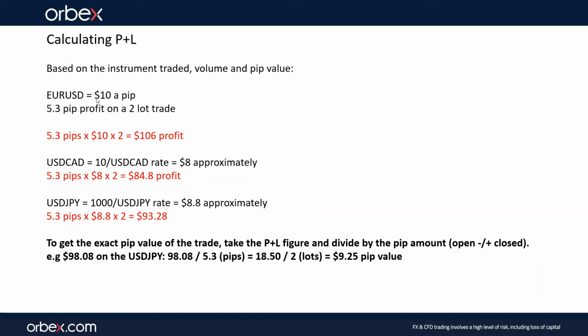For example, I'm possibly going to make a bit more money trading a euro dollar trade because it's $10 a pip, rather than the dollar Canadian dollar rate because it's only $8 a pip. So these are the things you just have to keep in mind when you are thinking of a trade, because it can give you another instinct into that next decision that you're going to make.